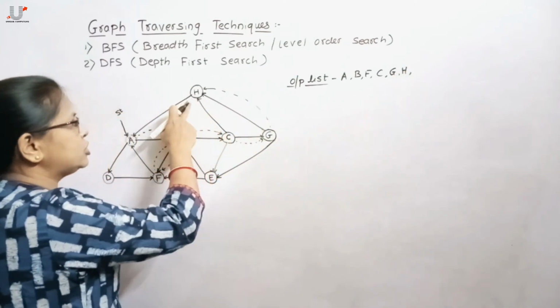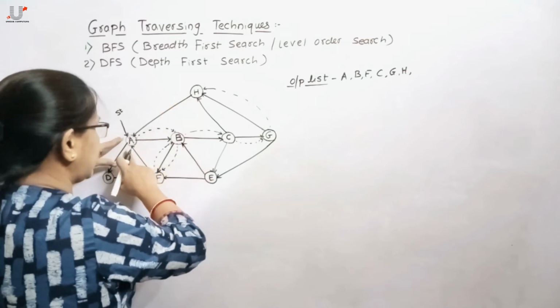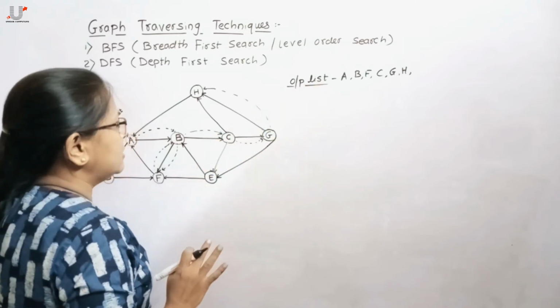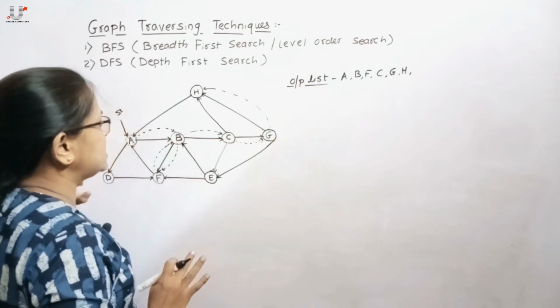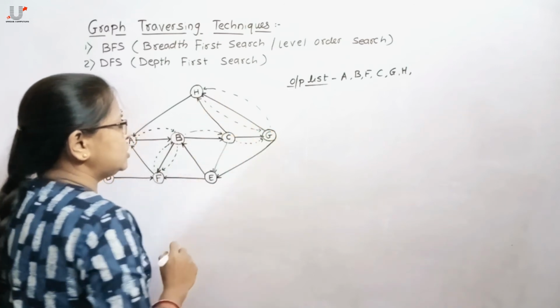Then again check unvisited adjacent nodes for this H. It's A, but it is already added into the output list or visited, so don't visit it again. So backtrack. It's a back edge, and control will transfer to G again.